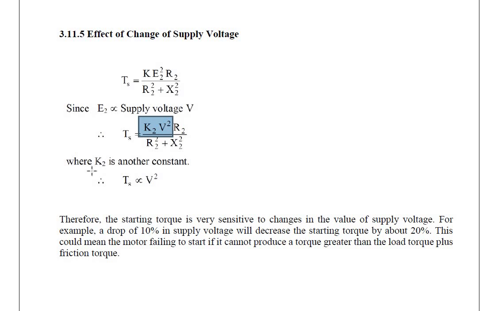And from the above equation, we can say that Ts is directly proportional to the applied voltage square. So by increasing the applied voltage, we will increase our starting torque. Therefore, the starting torque is very sensitive to the change in the value of supply voltage. For example, a drop of 10% in supply voltage will decrease the starting torque by about 20%.